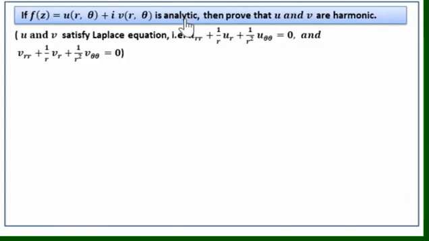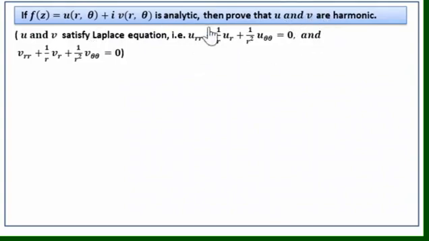To prove this, we need to see here u and v are now functions of r and theta. So if f of z is given in the polar form and f of z is analytic, then we will prove that u and v are harmonic, that is, u and v satisfy the Laplace equation. If u and v satisfy the Laplace equation, these two equations, then u and v will be harmonic.